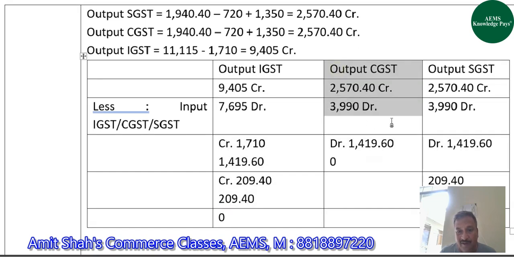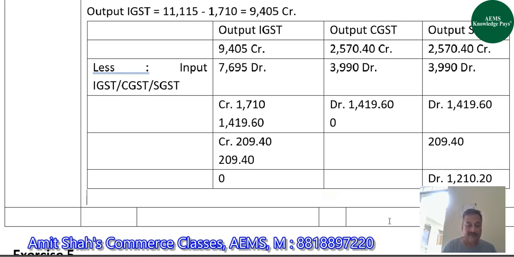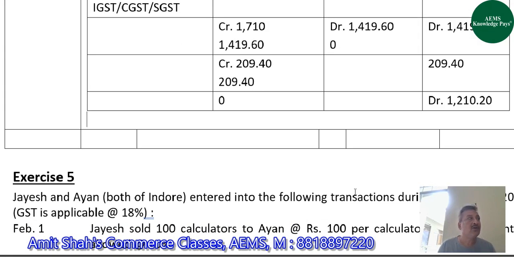We otherwise also do not have any liability for output CGST, and we have no liability for output SGST. Rather, at the end we still have an asset on account of input SGST of rupees 1,210.20. It means after doing all these transactions, we do not need to pay anything to the government. Is it clear or not, everyone, guys? I'm asking all.